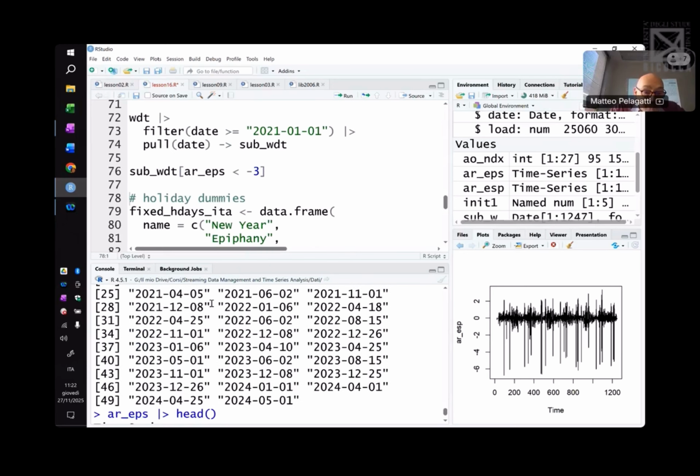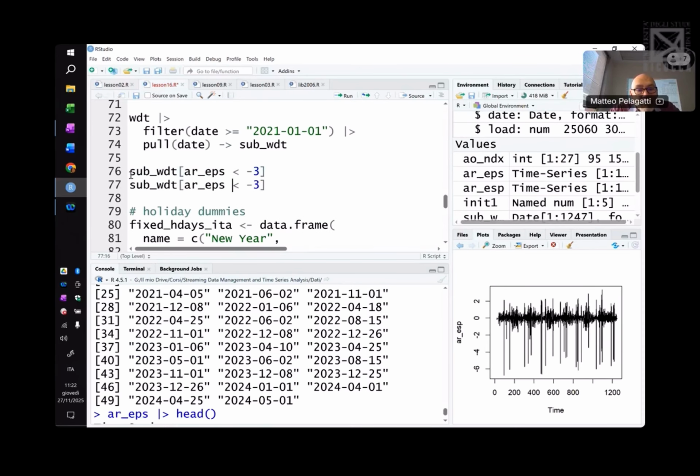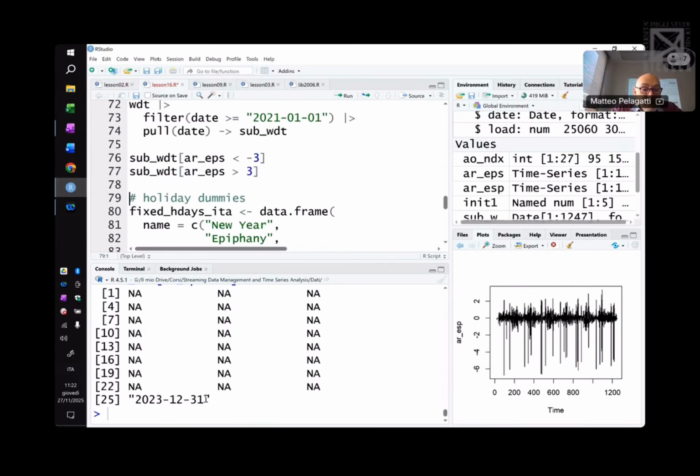So these are just the negative ones, and they're the holidays. Let's see the positive one. The positive one is just one. For some reason it was more than expected on the 31st of December 2023. But anyway, you see they're mostly negative because the holidays have a negative effect.